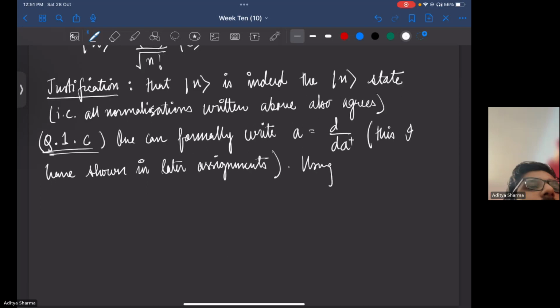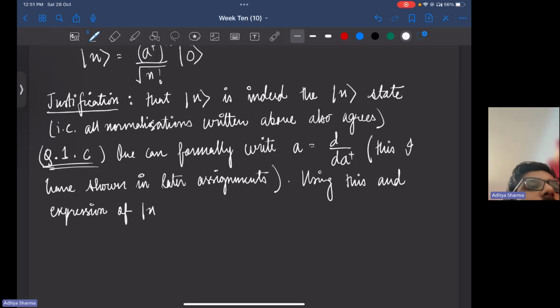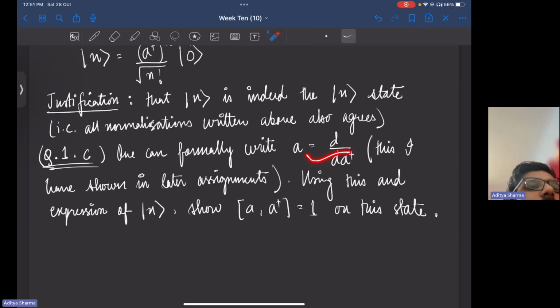Using this and the expression of |n⟩, show that, so we know that this is correct, and this I've shown later, and we want to say that the expression of |n⟩ is correct.